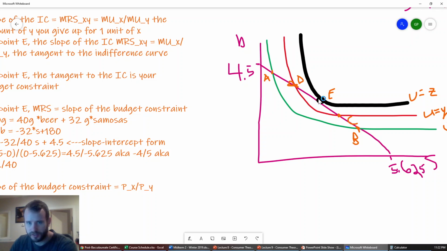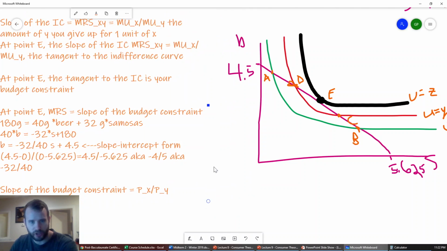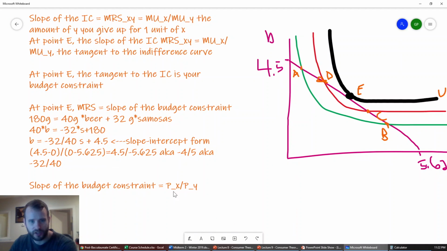So if you were to draw a tangent here, it's going to be tangent to the budget constraint. It's also going to be the marginal rate of substitution. By definition, marginal rate of substitution is the slope of the tangent line at any point. Since we know that at E, the budget constraint must be tangent to the indifference curve, then the marginal rate of substitution is equal to the slope of the budget constraint. And we just found that the slope of the budget constraint is the price of X divided by the price of Y, or 32 divided by 40.